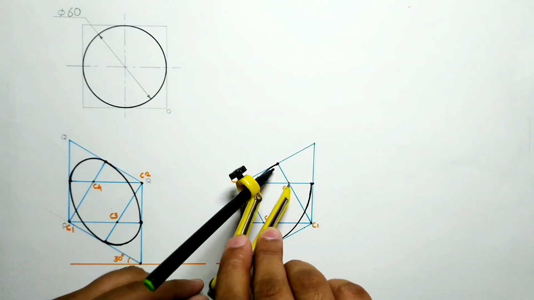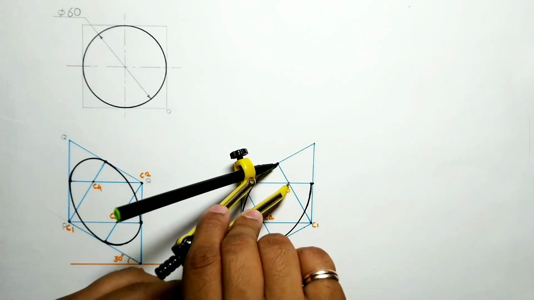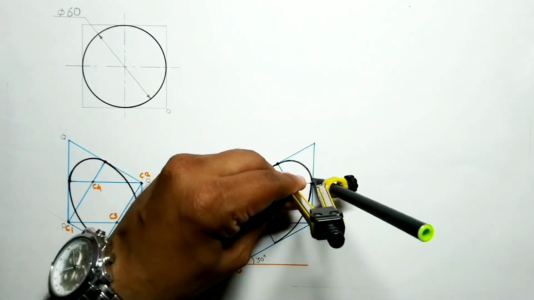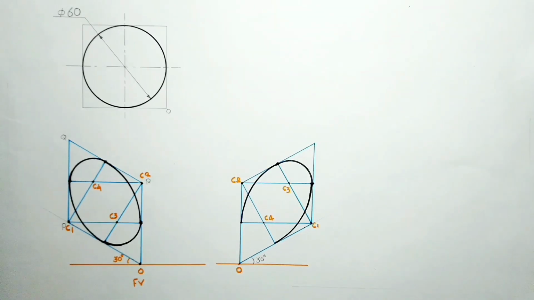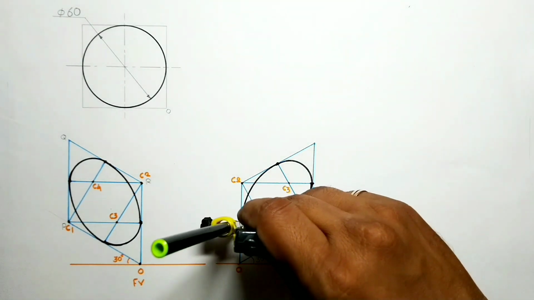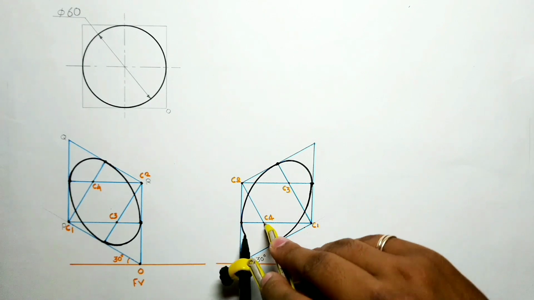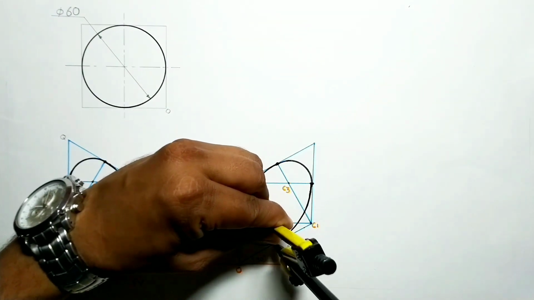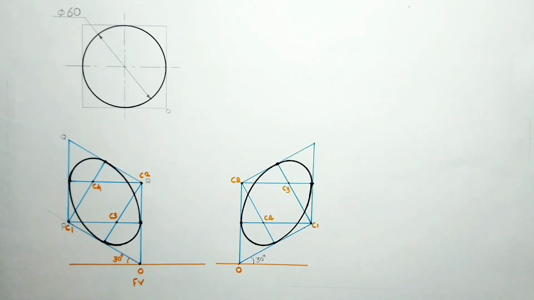Then C3 as a center, this is the radius, and draw one arc. Then C4 as a center, this is the radius, and draw one arc. This is your circle in side view.